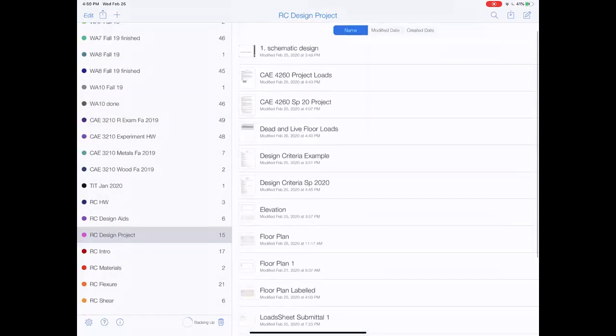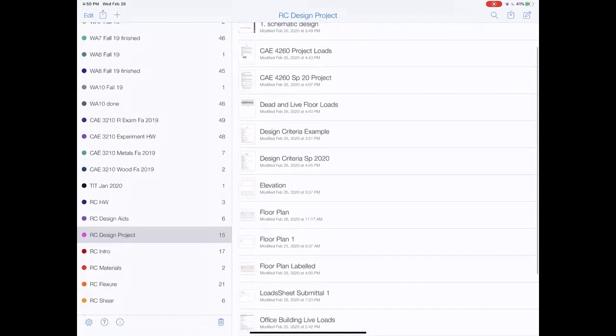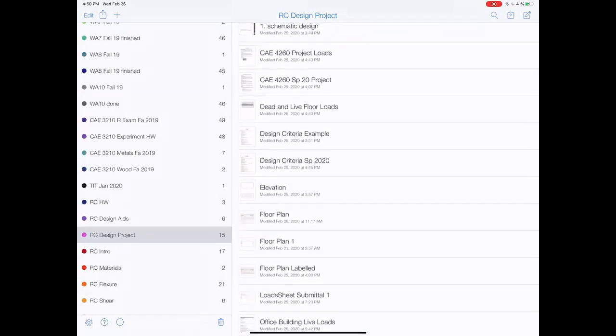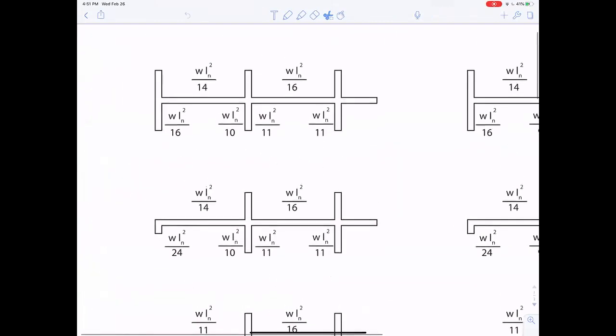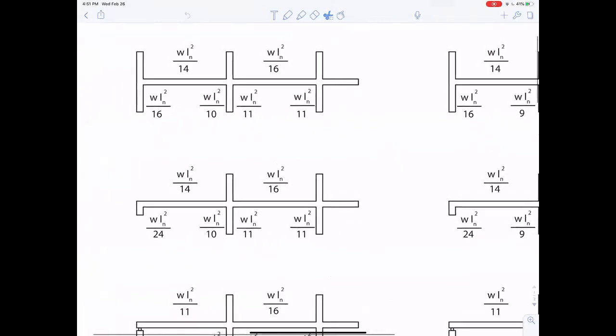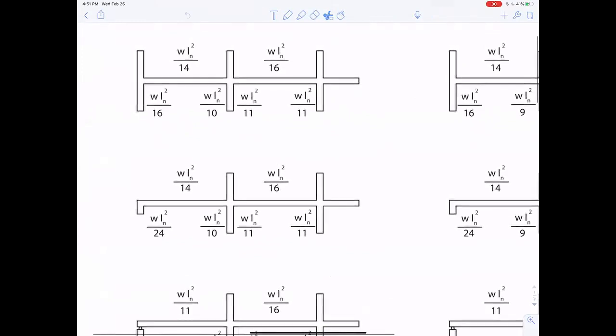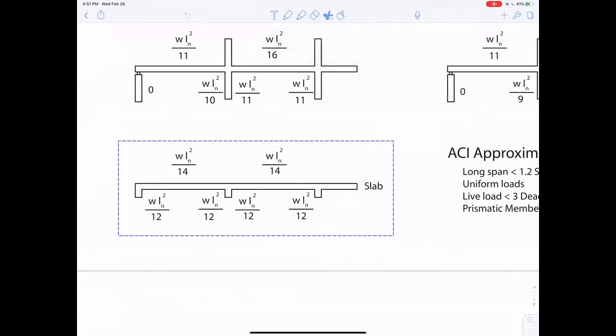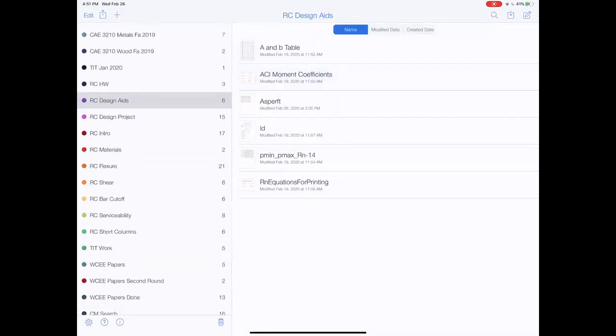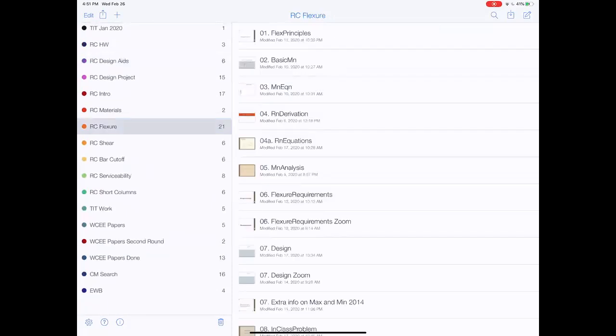Let me go find those approximate ACI moments and come back. Design aids. There they are. Our slab distances were less than 10 feet, and if you're less than 10 feet, you can use these equations or these approximations. So I'll copy that and go back to our slab example.